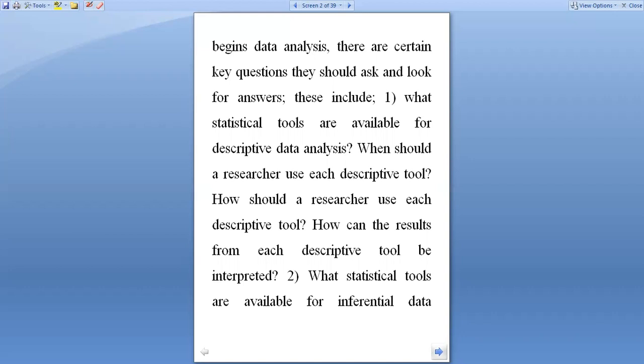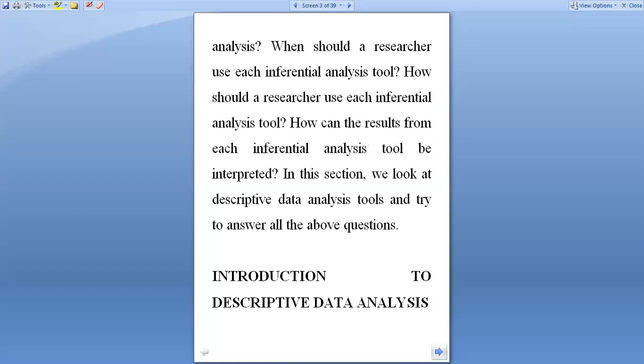How should the researcher use each tool? How can the results from each descriptive tool be interpreted? The same questions can be asked for inferential data analysis. But here, we are going to concentrate on descriptive data analysis tools and try to answer those 4 questions.